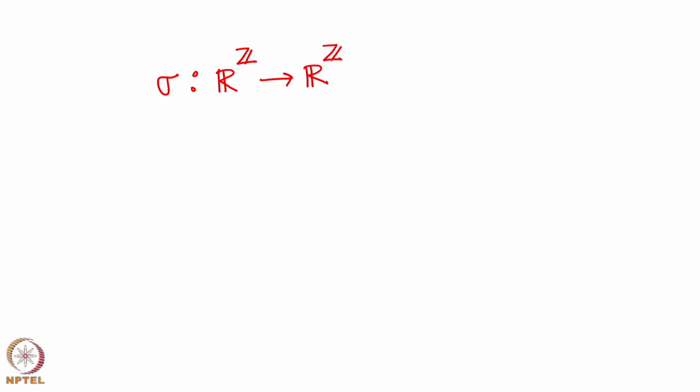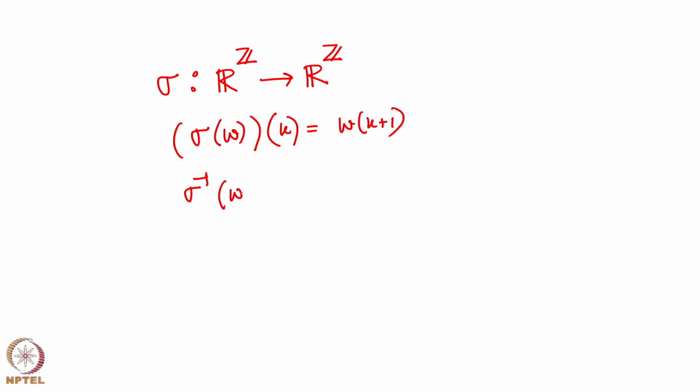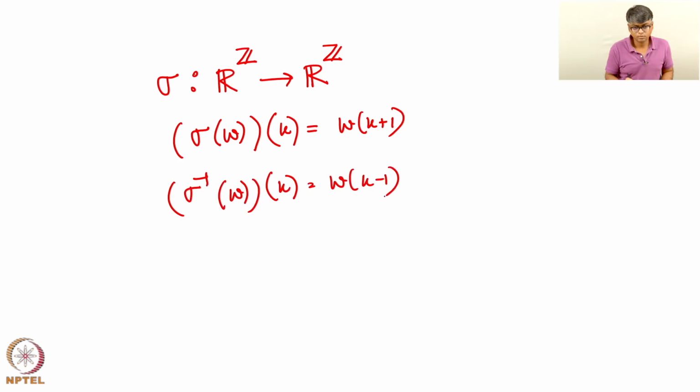What is its defining property? When sigma acts on w, the value that it takes at a point, let us say k, is w at k plus 1. This is the left shift. Obviously, sigma inverse will be the right shift. So left shift and right shift both are legitimate operators.